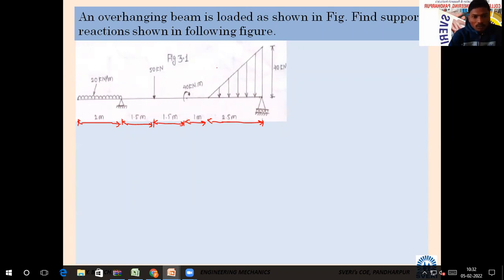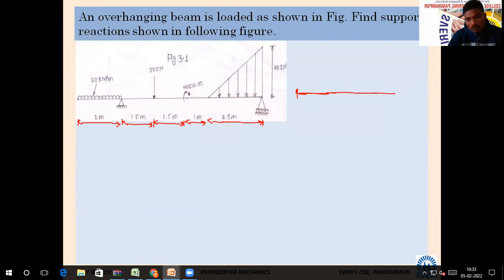Just see carefully. Types of support we have seen, span we have seen. Now tell me which type of loads are applied on this beam. Uniformly distributed. Is it only uniformly distributed?